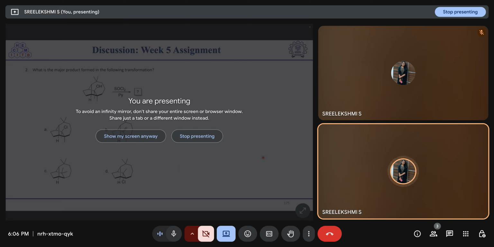Now, the next question: what is the major product formed in the following transformation? So, this compound, upon treatment with SOCl2 and pyridine, which will be the major product?